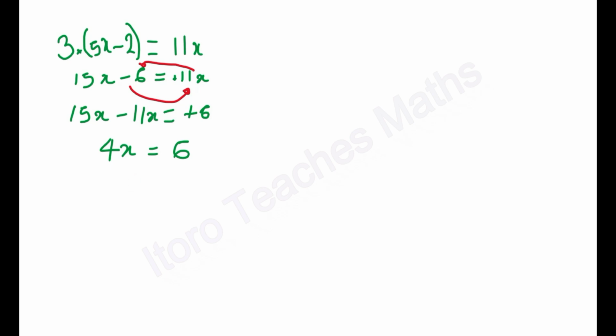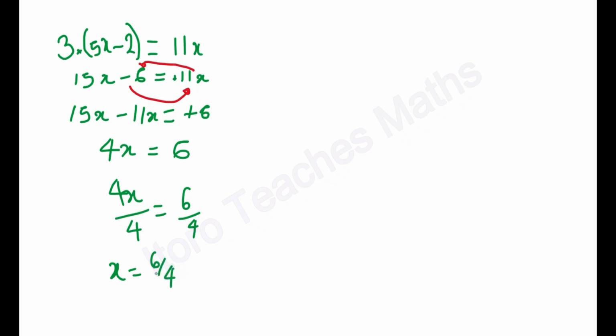Because essentially what we do to one side we have to do to the other side, so we're going to say 4x divided by 4 is equal to 6 divided by 4, and 4 divided by 4 is 1, so x equals 6 over 4.